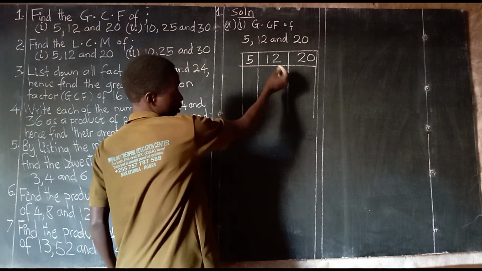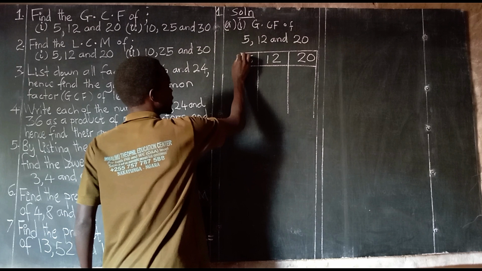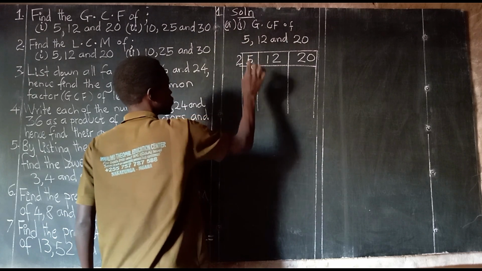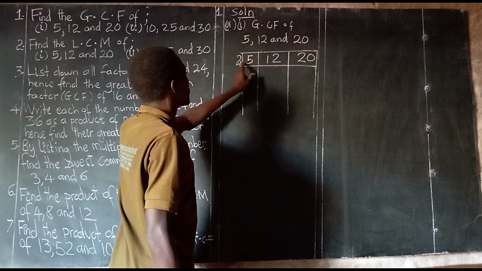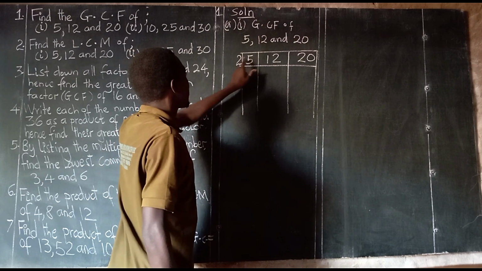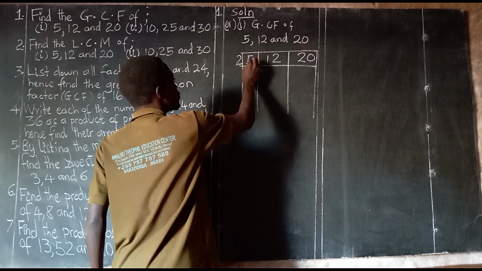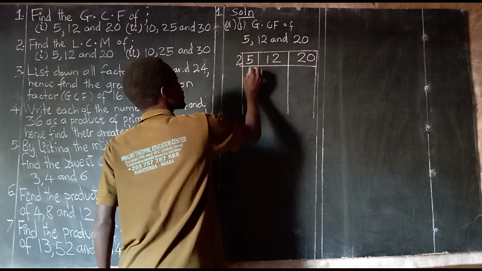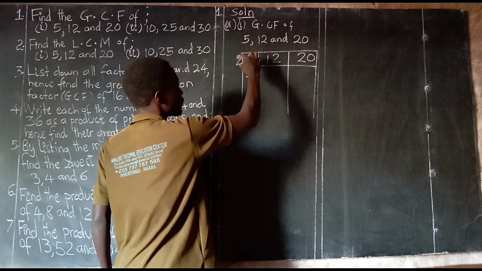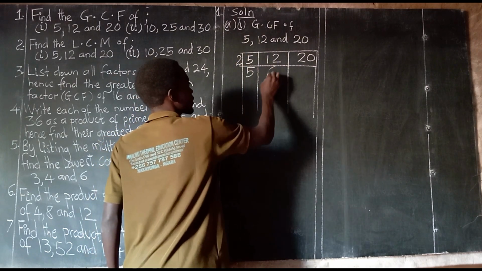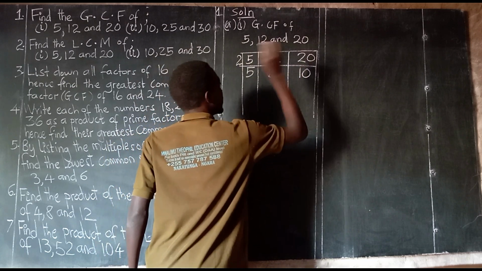As we see, 12 and 20 are divisible by 2, so we divide the three numbers by 2. 5 over 2 is not divisible completely, so you write it as it is. It becomes 5. 12 over 2, you get 6. 20 over 2, you get 10.